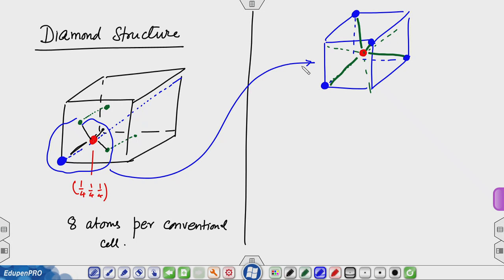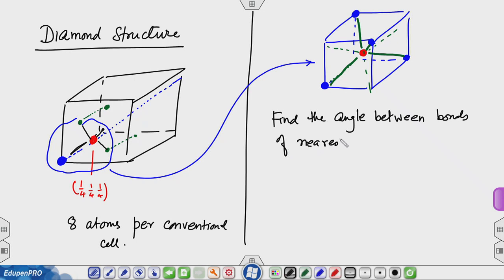So, the first problem I am going to do is find the angle between bonds of nearest neighbors. And once I have made it for you, it's very easy. I can either look here or look here.